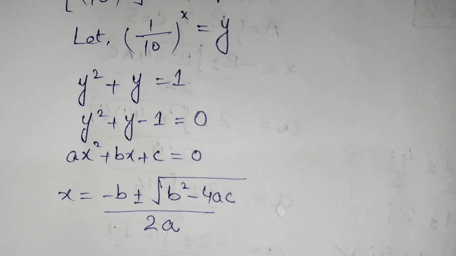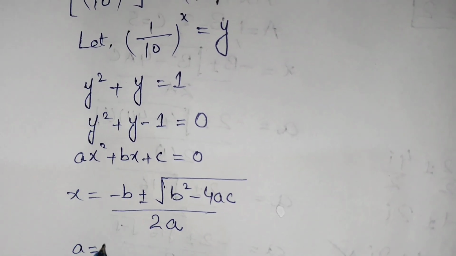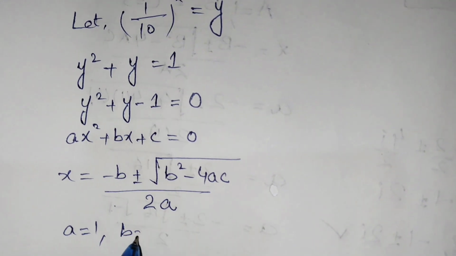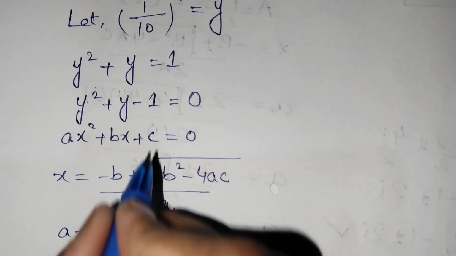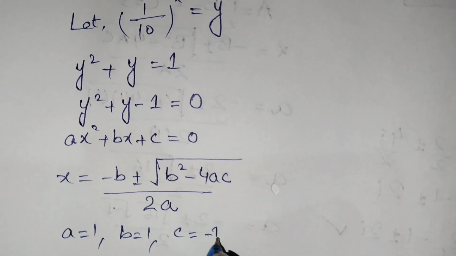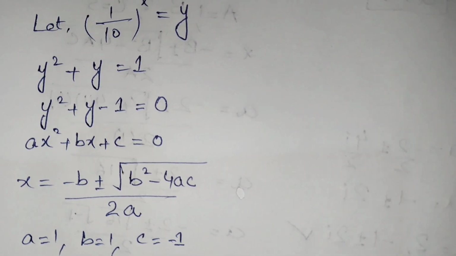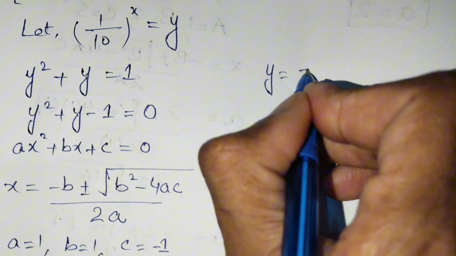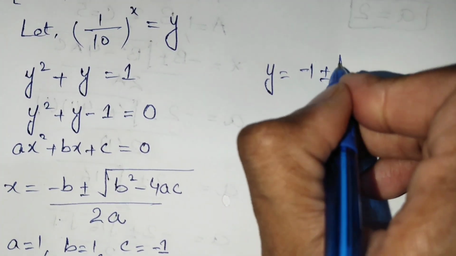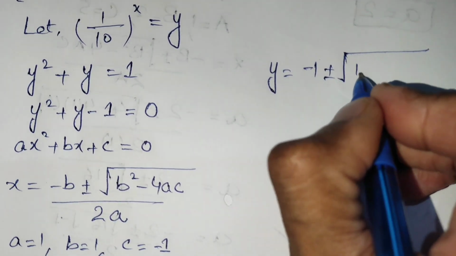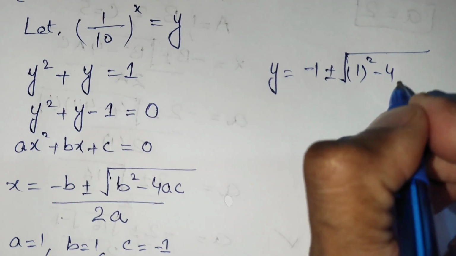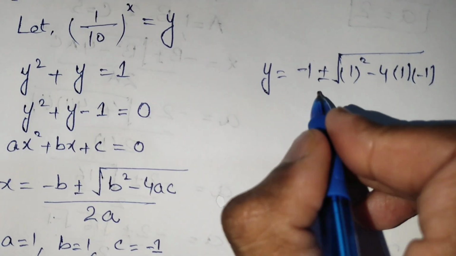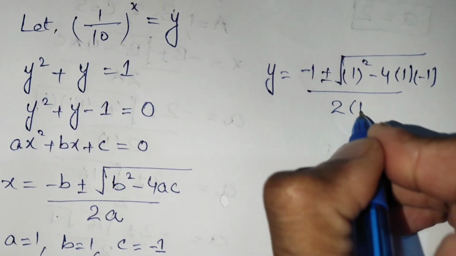So what is the value of a? a is 1, b is 1, c is minus 1. So y equals minus b plus minus square root of b square minus 4ac, divided by 2a.